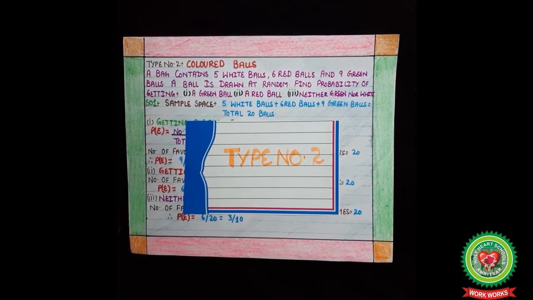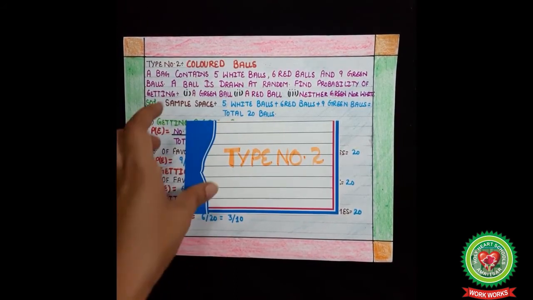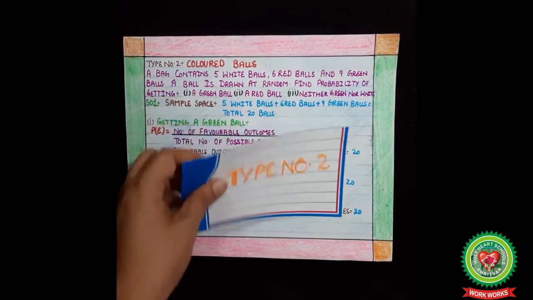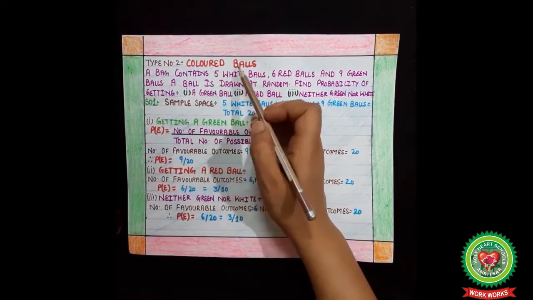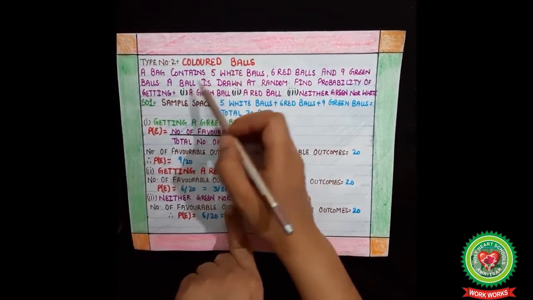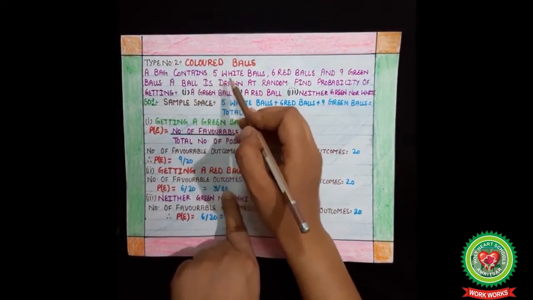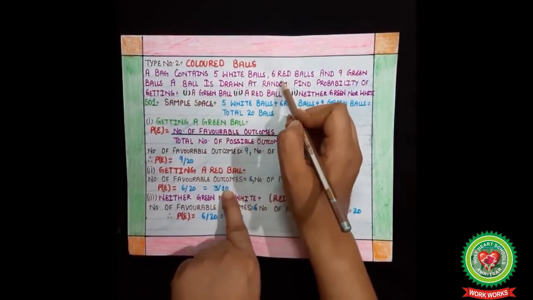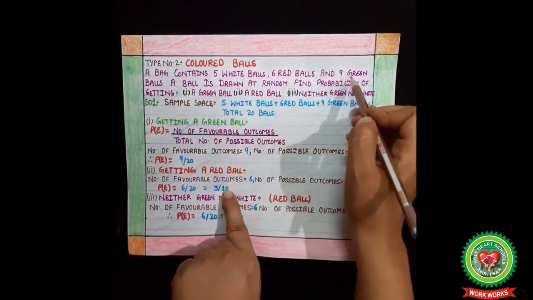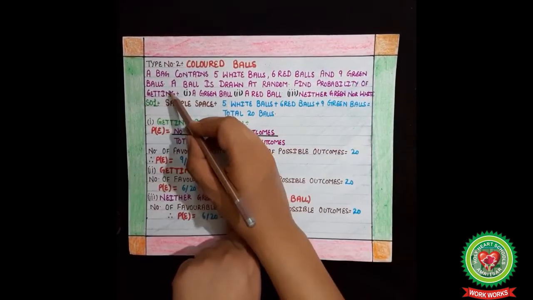Now we are going to start with next type number 2, which is related with different colored balls. So what is the statement? Statement is a bag contains 5 white balls, 6 red balls and 9 green balls.